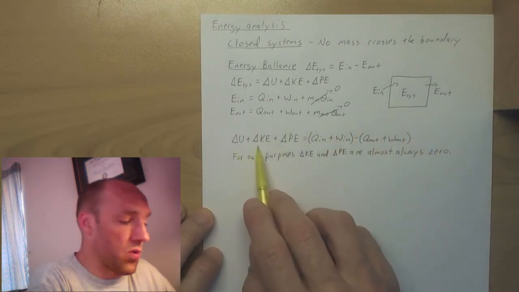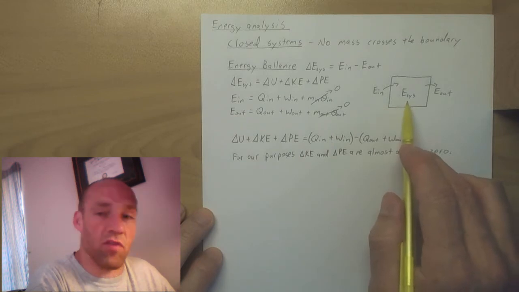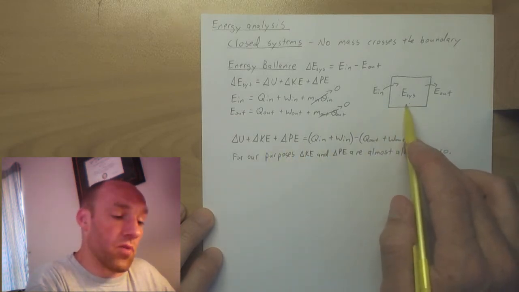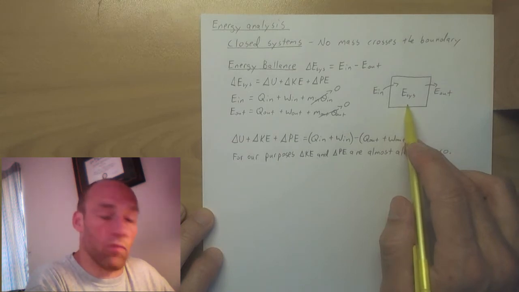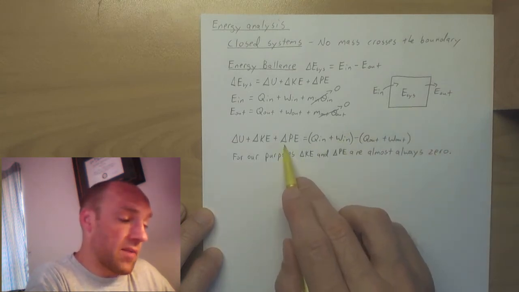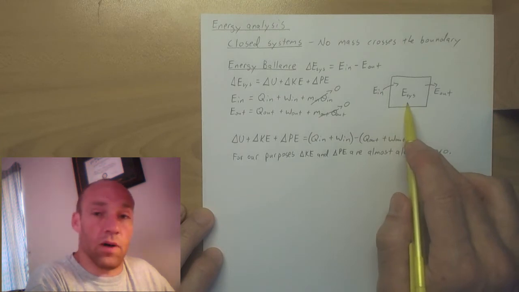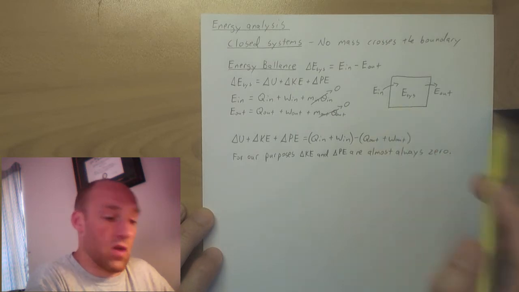So the change in kinetic energy of the system is related to how quickly the system is moving, and the change in potential energy is due to a change in position of the system.